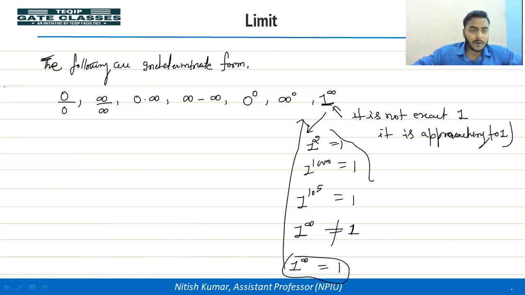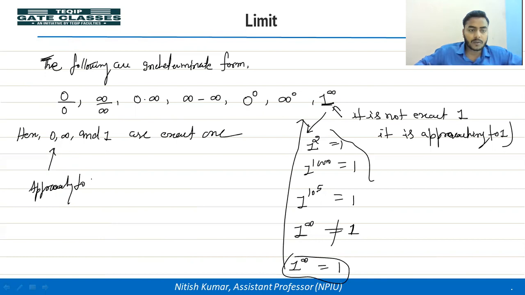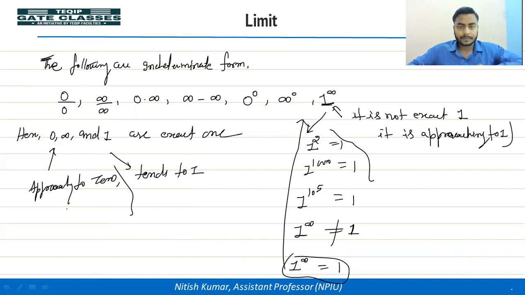So whatever you are seeing in the picture here, 0, infinity and 1, are not exact. Suppose if it is 0, this is approaching to 0, approaching to 1, or tends to 1, tends to infinity, right?